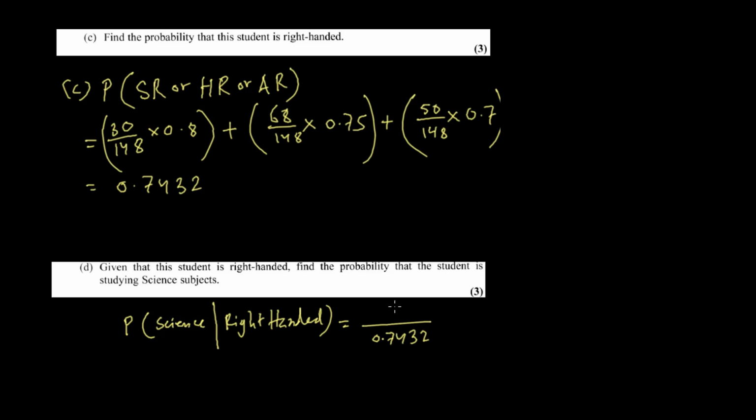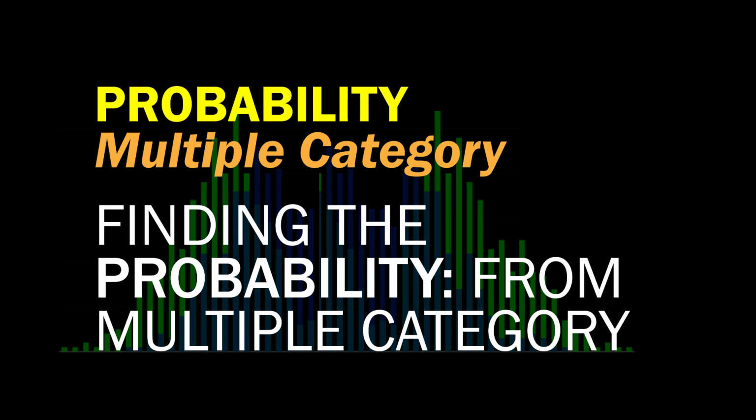Now upstairs it has to be A intersection B, meaning science and right-handed, and we had already calculated that: probability of science is 30 divided by 148 multiplied by 80%, that means 0.8. So if we calculate this, let me check again, we get 0.2182.